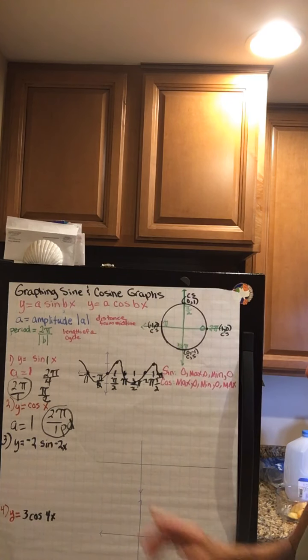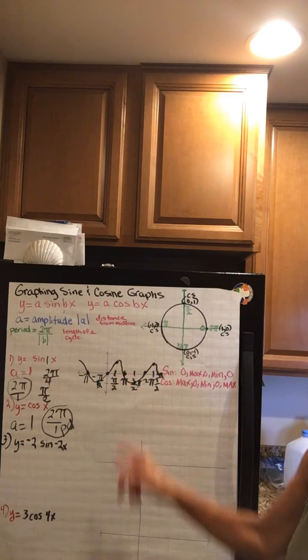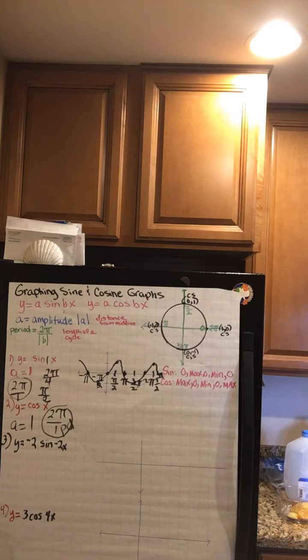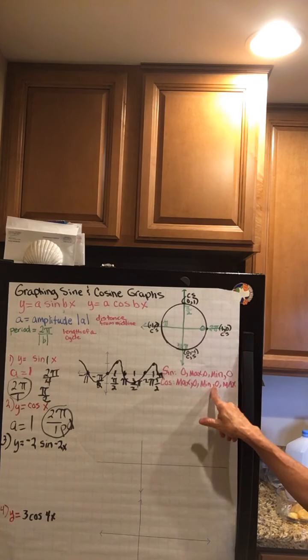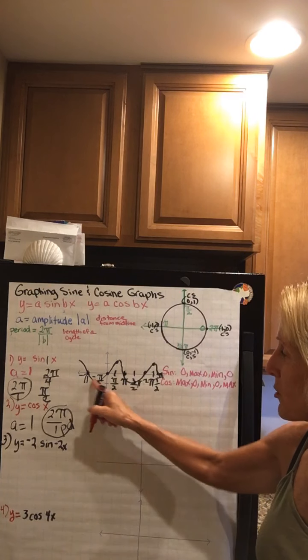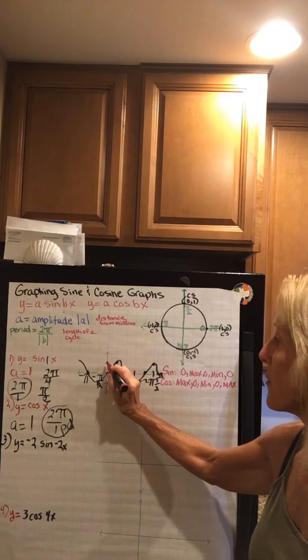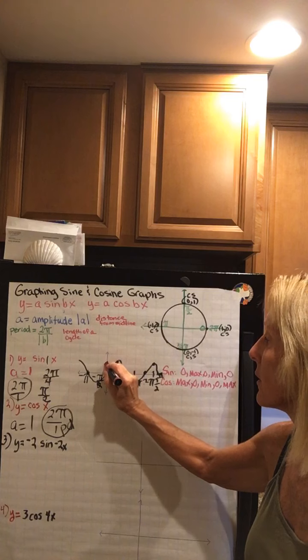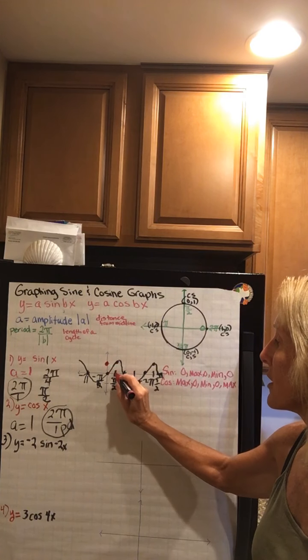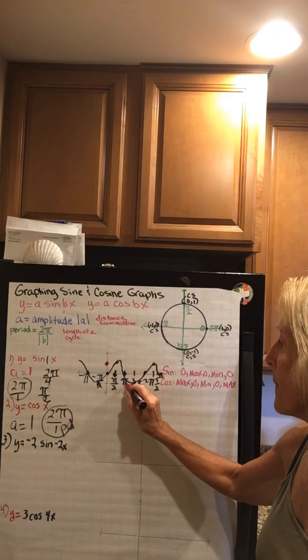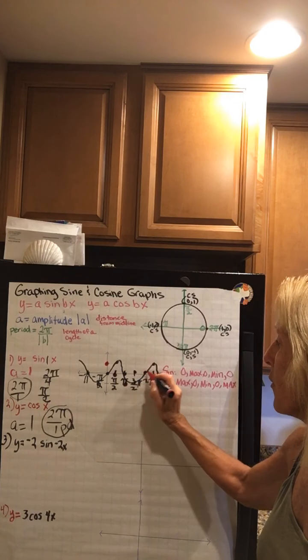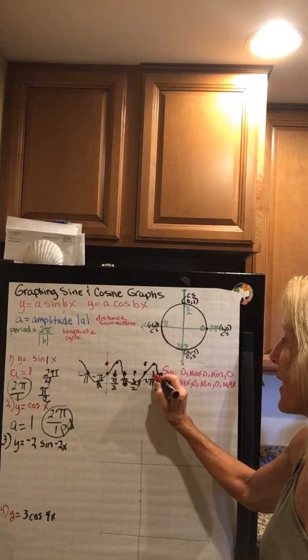So I'm going to graph the cosine graph on the same one so you can see. So if I look at the words, it's just max, 0, min, 0, max. So I'm going to start at the maximum value, which would be 1, and then it's going to go max, 0, min, 0, max, and then back down to 0.